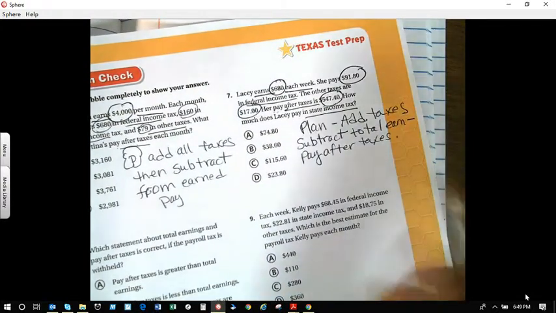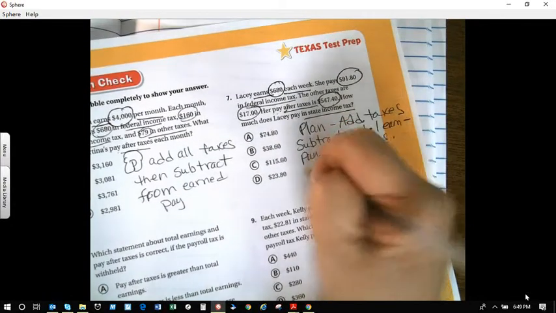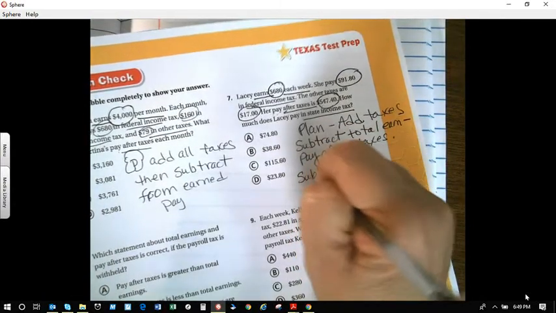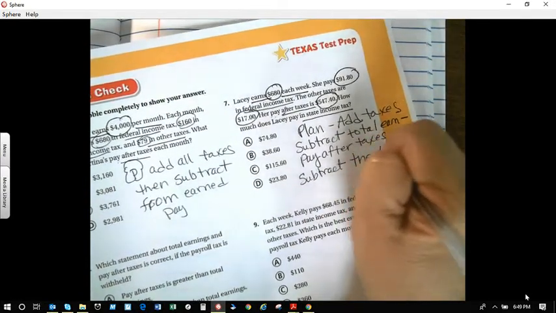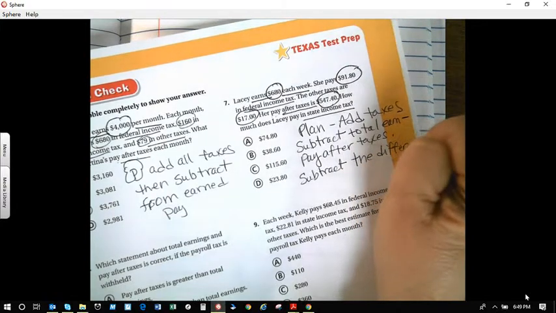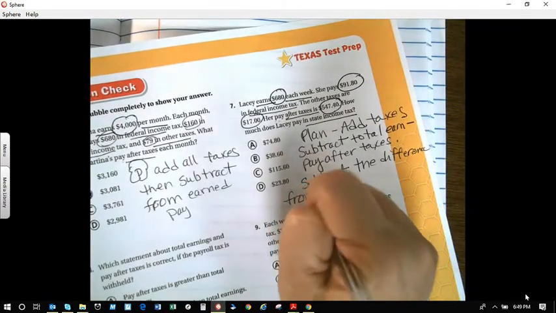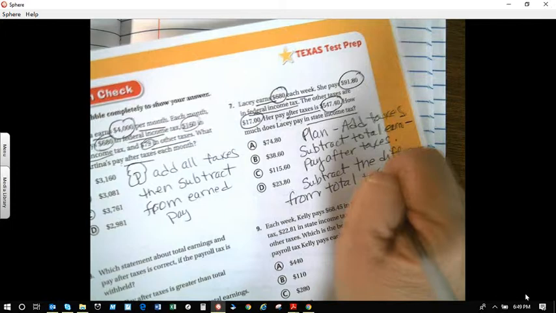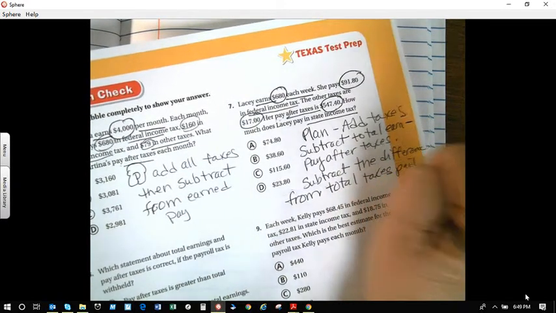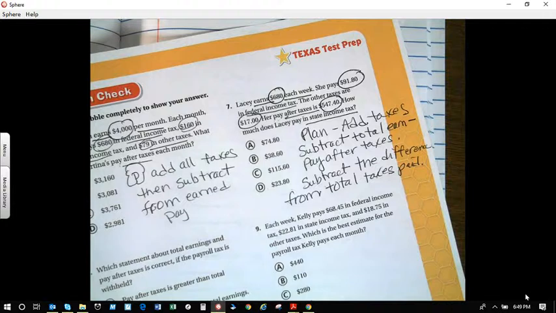That difference, you're going to take it from the total taxes. Then you're going to subtract the difference from total taxes paid. Okay? So you're going to add your taxes together. Then you're going to subtract the total earned from the pay after taxes. Then you're going to subtract that difference from the total amount of taxes that were paid.